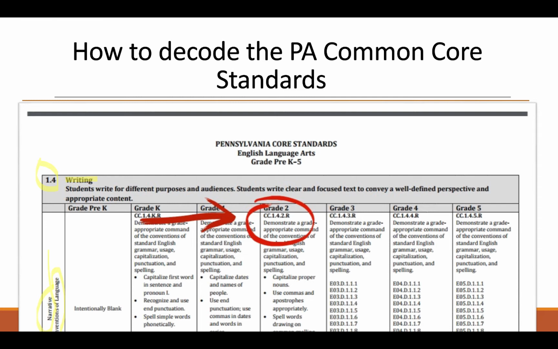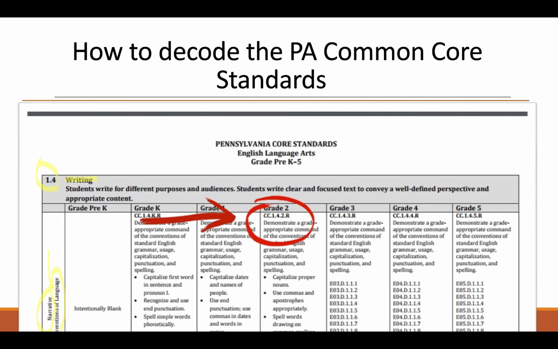Other writing standards may refer to persuasion writing, and they may refer to expository writing. They will, within each section, also be focus or content or organization, style, or conventions.